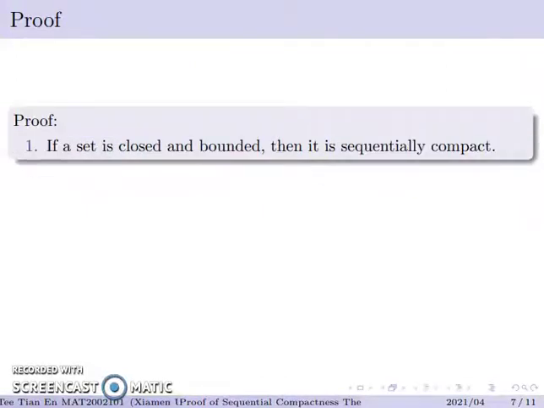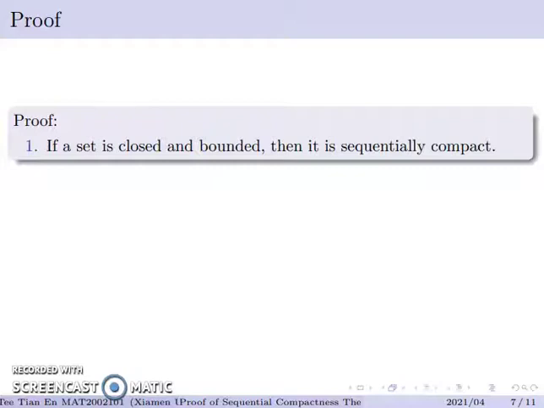For the first one: if a set is closed and bounded, then it is sequentially compact. So what is closed and what is bounded? Well, we have seen the definition of closed before, which is: if a_n is a sequence in S that converges to a number, then the number is also in S. And what is bounded?